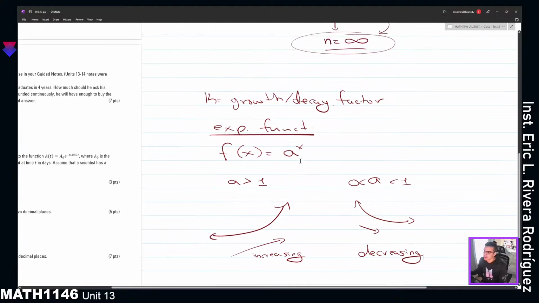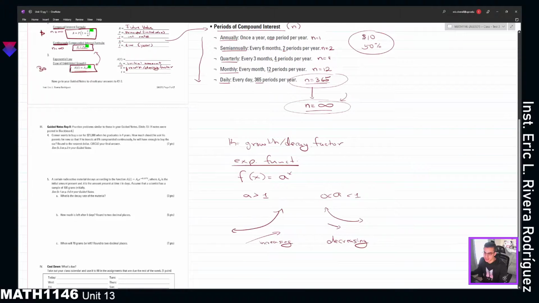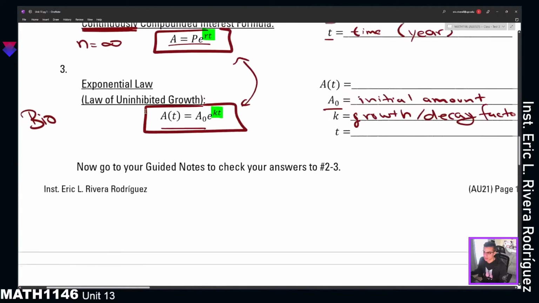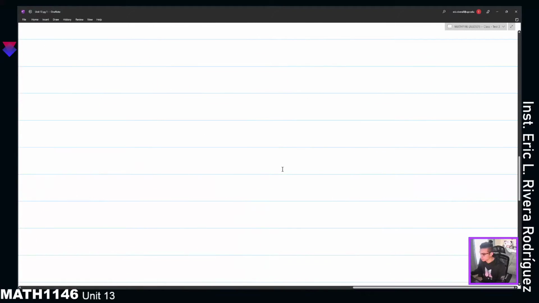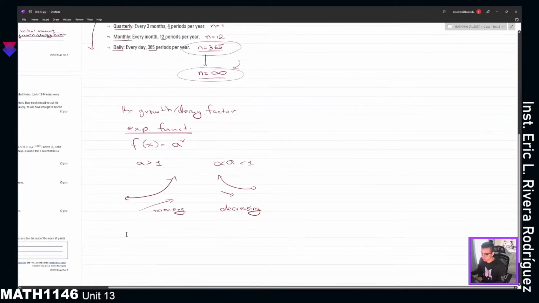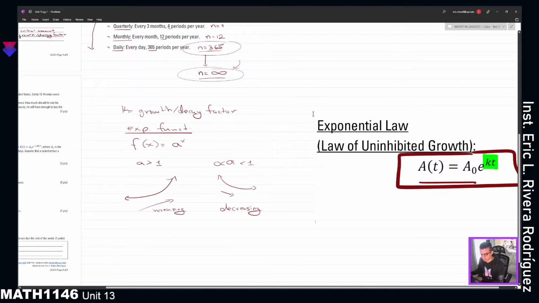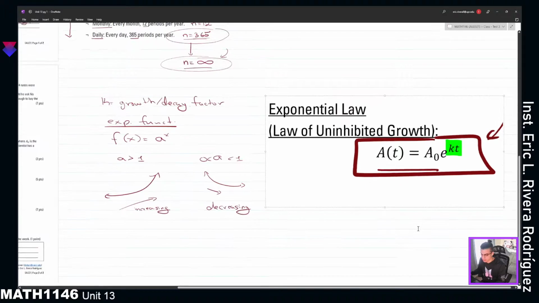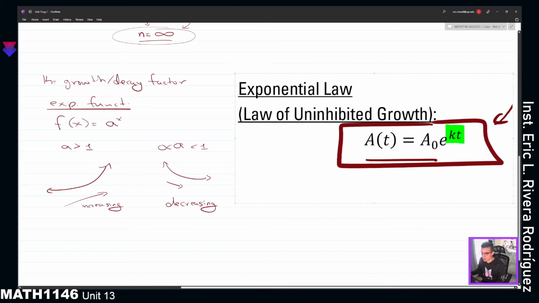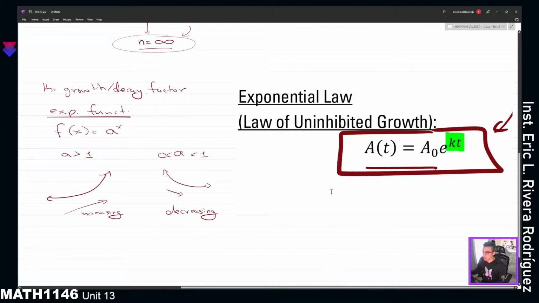All right, so now how does this relate to the formula or the law of inhibited growth? So let me bring this here. Can you tell me the relation of the exponential function and the law of inhibited growth?